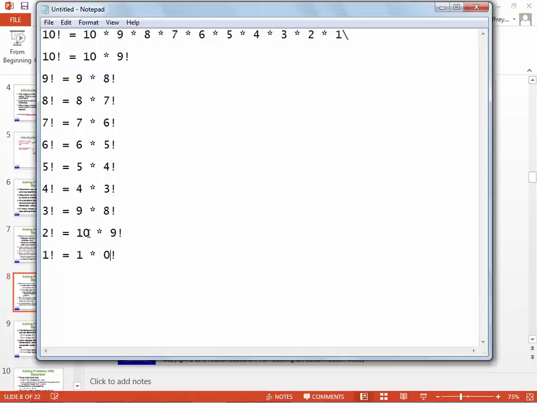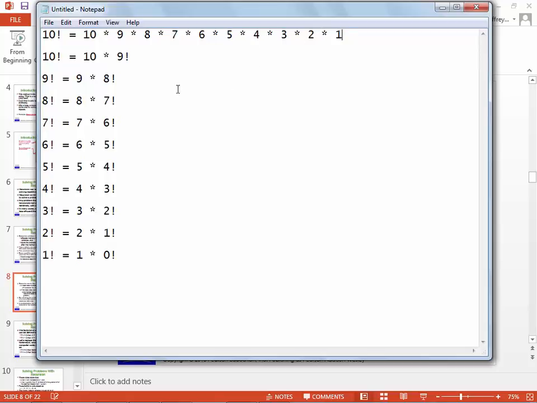And 0 factorial is equal to 1. So what you can see is we're going down here, 10, 9, 8, 7, 6, 5, 4, 3, 2, 1. So you can see we can use the same algorithm and just keep stepping down as we're going through this.